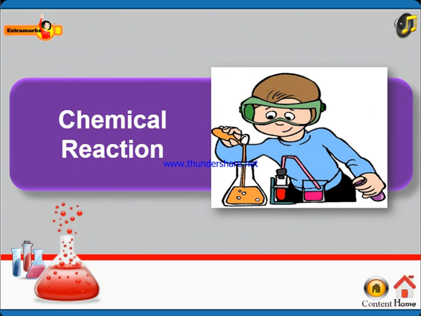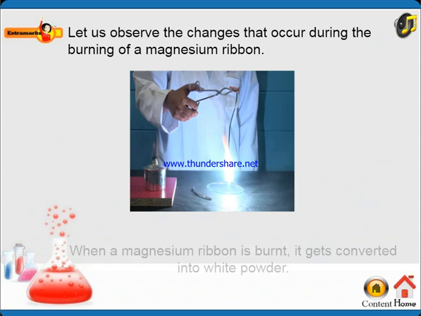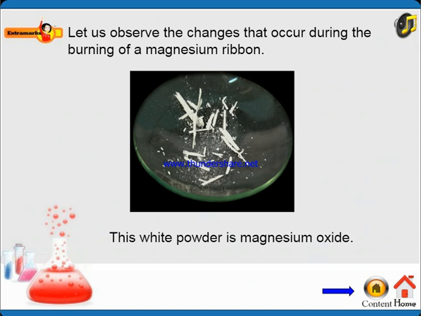Let us study about the chemical reaction. Let us observe the changes that occur during the burning of a magnesium ribbon. When a magnesium ribbon is burnt, it gets converted into white powder. This white powder is magnesium oxide.